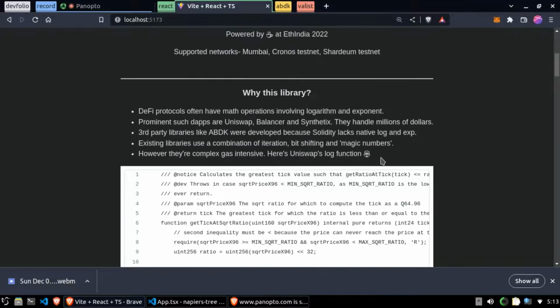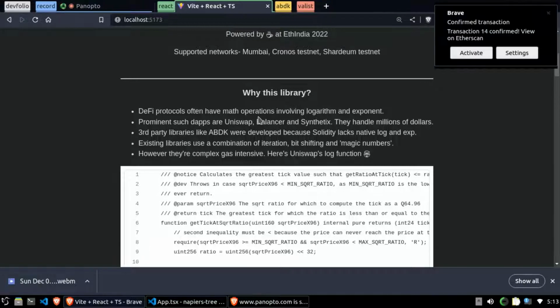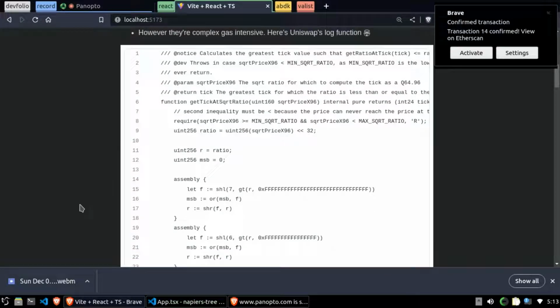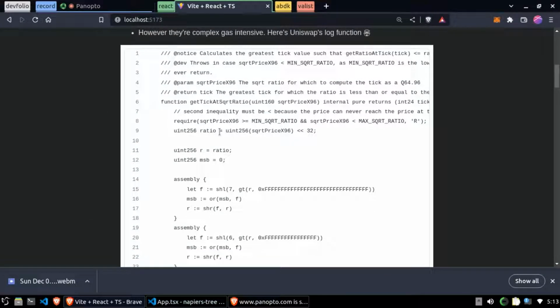So we have decentralized finance protocols like Uniswap and Balancer, which require logarithm and exponent operations. All such operations were being solved by an algorithm. So you see, this is Uniswap's log formula.